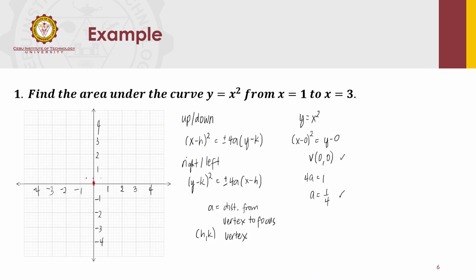So you're going to connect these 2 points, the 3 points including the vertex, with a smooth curve, one on the first quadrant and the other one on the second quadrant. It will extend infinitely upward. And then let's extend this further because we need x equals 3.